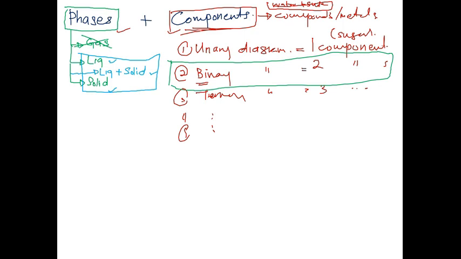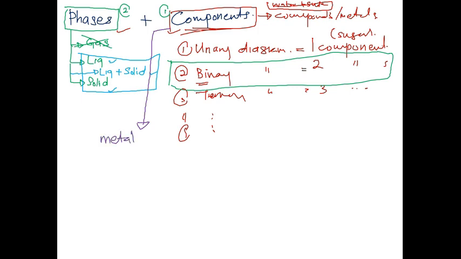So these are the major things inside the phase diagram: the components and the phases. As I mentioned before, when we talk about metallurgy, metals and alloys, the components must be metals, right?